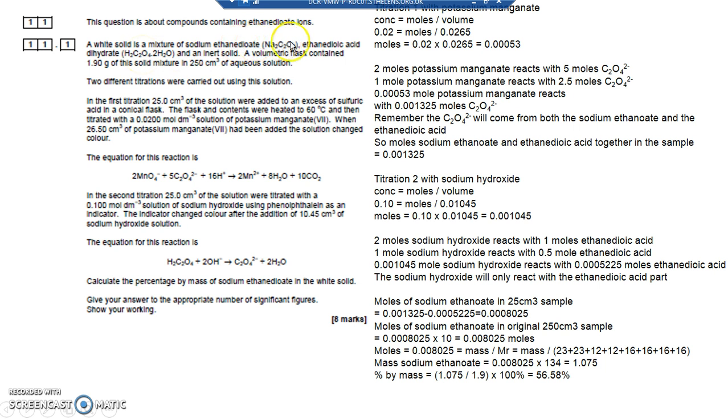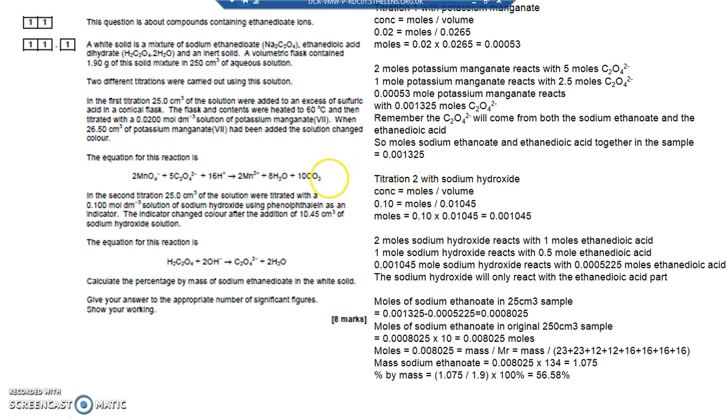So the number of moles of this added to the number of moles of this, they both contribute towards making the ethanedioate ions. So the number of moles of ethanedioate ions is 0.001325. We've established that. So the number of moles of these two chemicals, the sodium ethanedioate and the ethanedioic acid dihydrate, must add up to 0.001325 together.